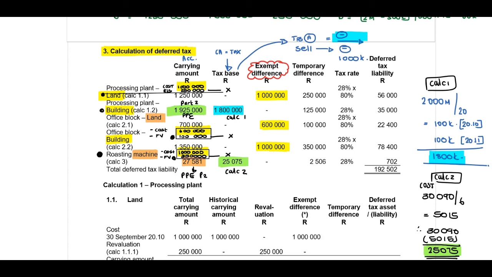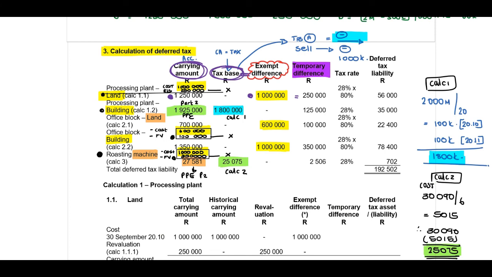Okay, now next column, look at your temporary difference. Remember, your temporary difference will be the carrying amount of your asset minus your tax base, or in this template, your exempt difference. If it's exempt, remember, no tax. Therefore, our temporary difference of our processing plant, the land, will be the 1.250000 minus the 1 million, and this is 250,000.